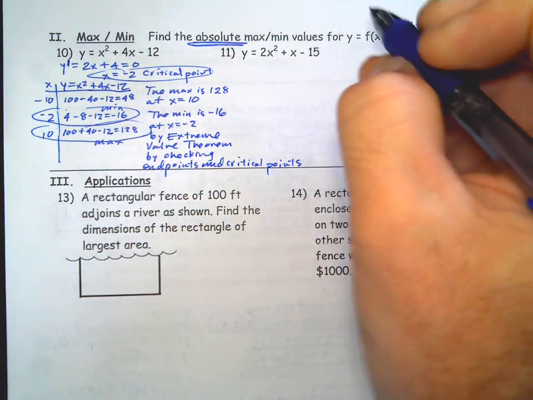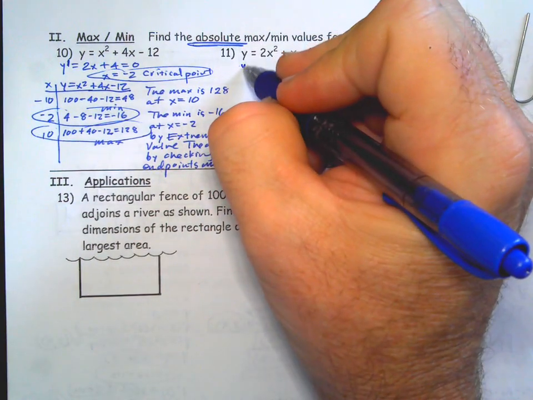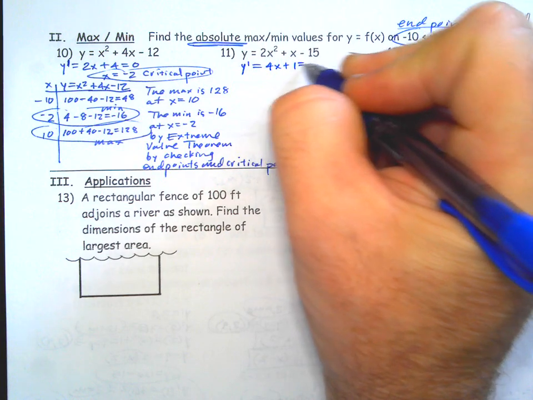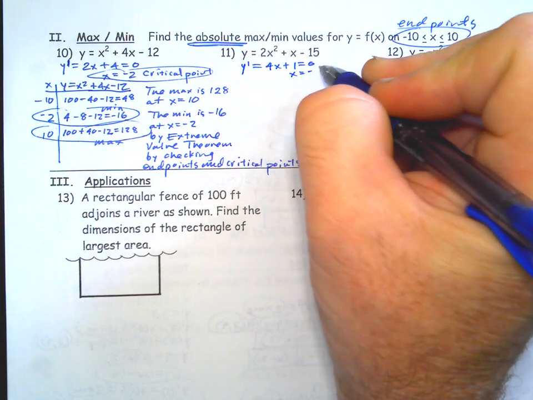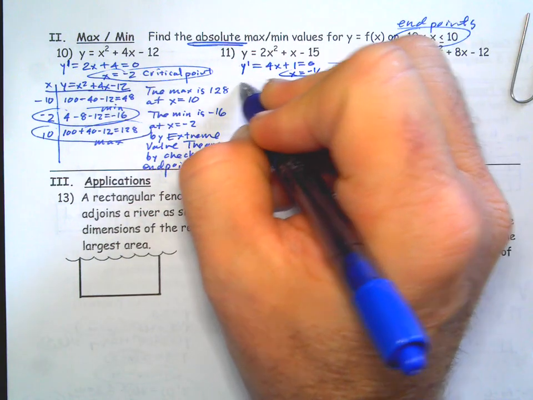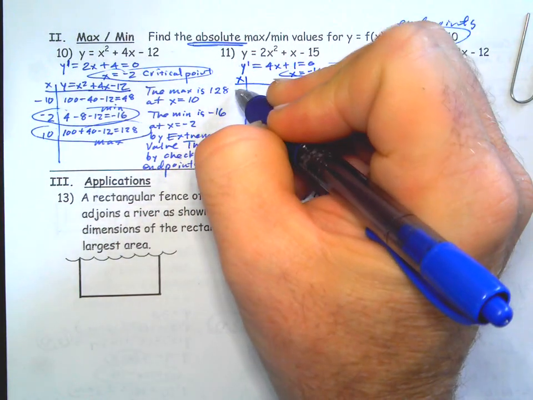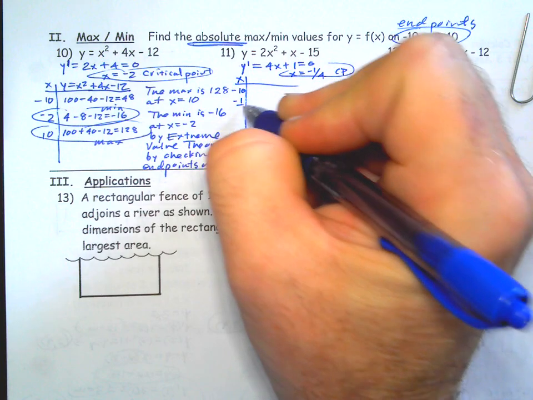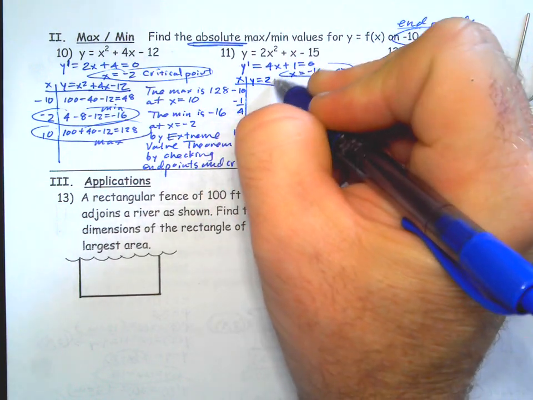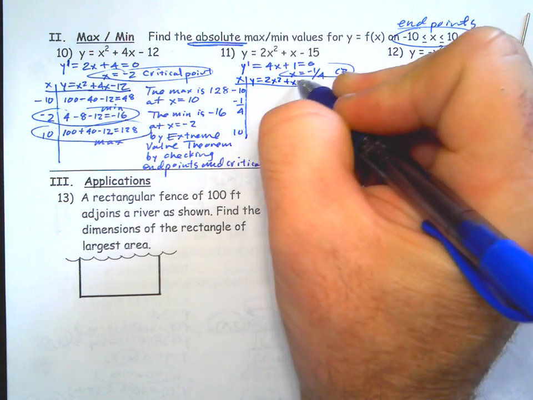Okay. Next one, y prime equals 4x plus 1 equals 0. X equals -1/4 is your critical point. Make a table: -10, -1/4, 10. Plugging them back into the original equation, not the derivative, the original equation.